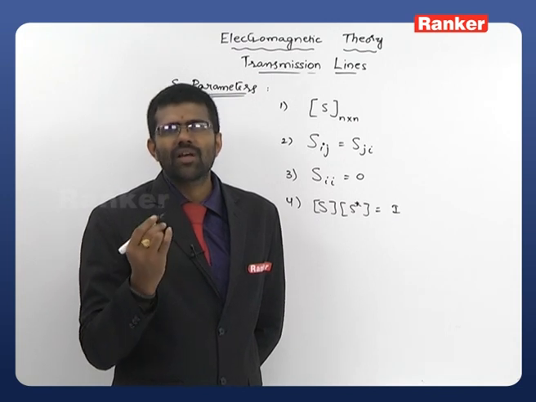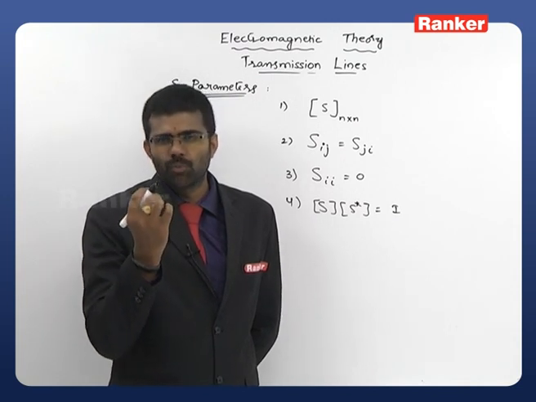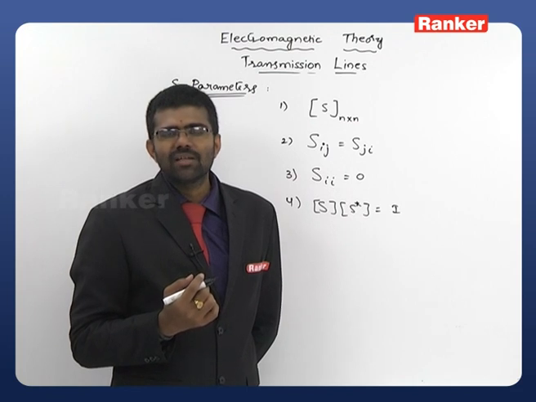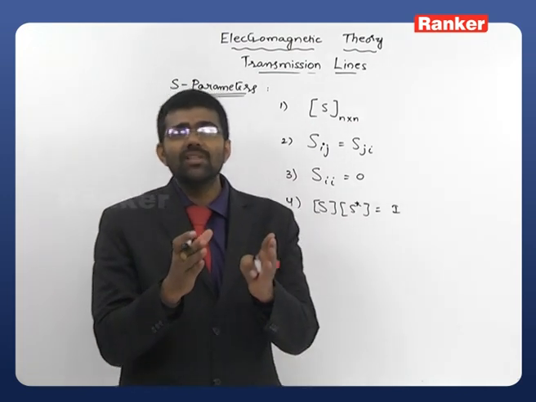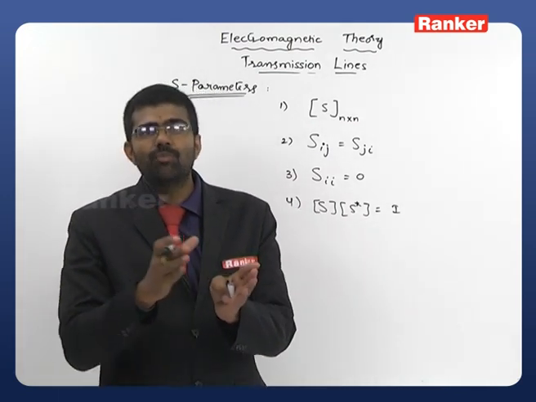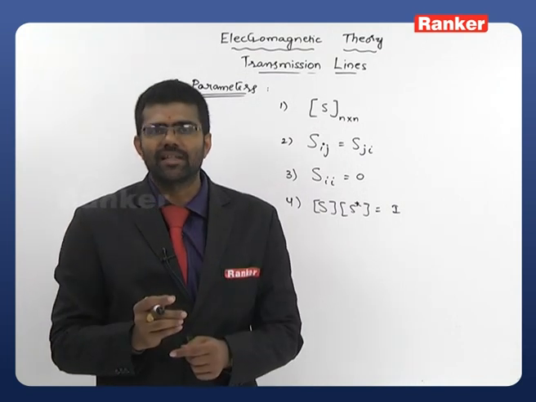And a final very small and very important property is that whenever we are moving the port for a distance of beta L, which is nothing but the electrical length.